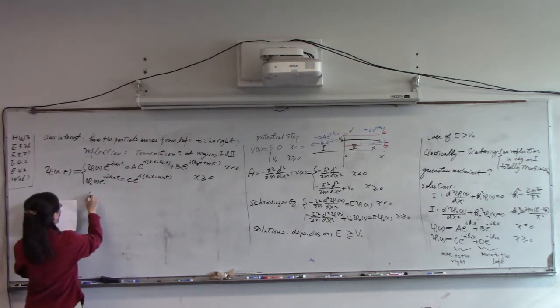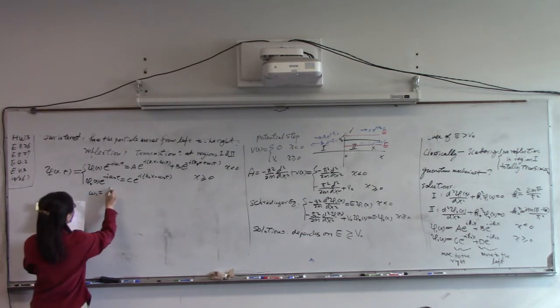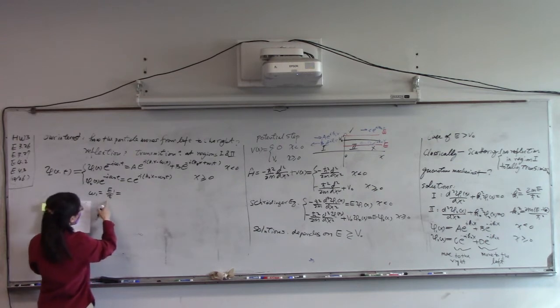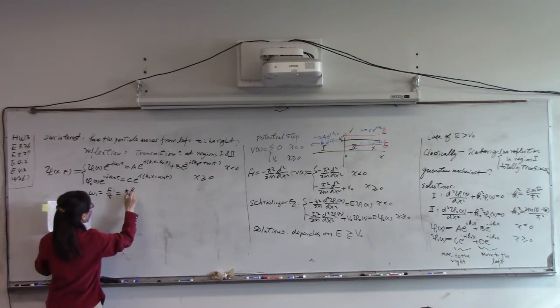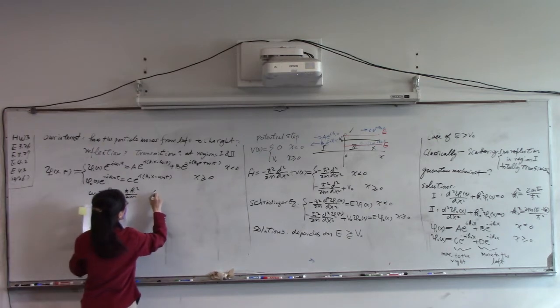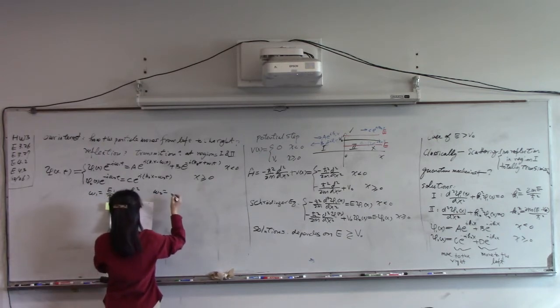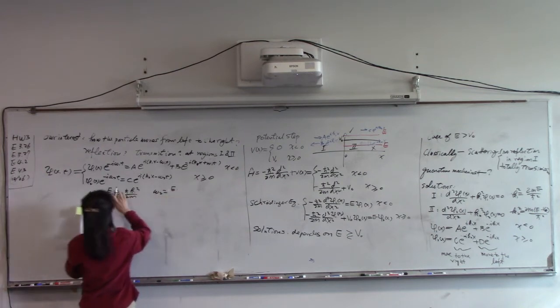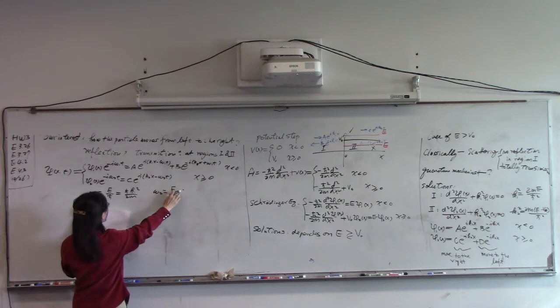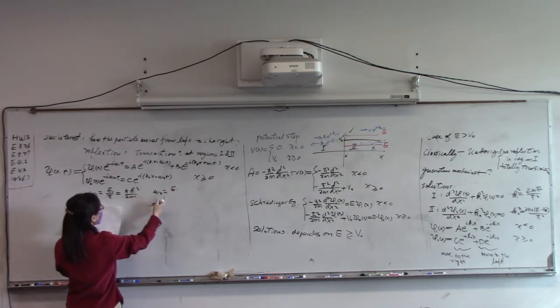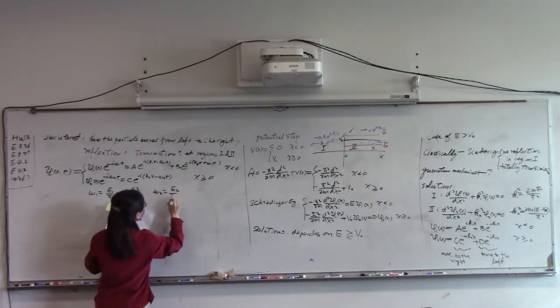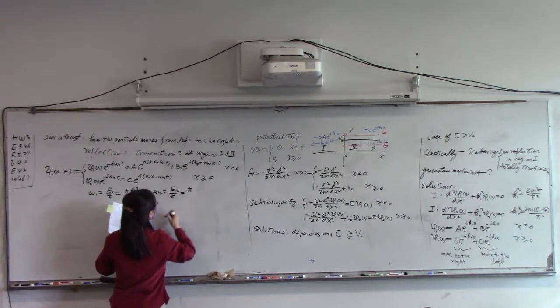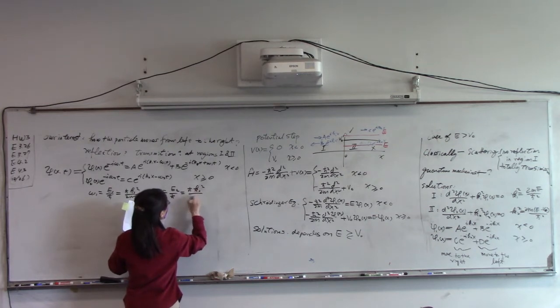So here, ω1 is just E1 over h bar, which is h bar k1 squared over 2m. And ω2 is E2 over h bar, which is h bar k2 squared over 2m.